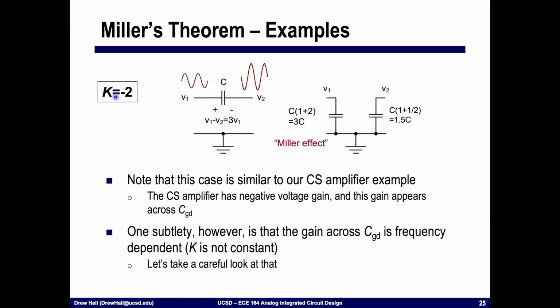The one thing that I will mention is that this K, as we've done in all of our analysis for the last few slides, we assumed that K was constant, independent of frequency. It turns out that K is usually not independent of frequency, and so if we want to be precise about this, we need to calculate what K is.